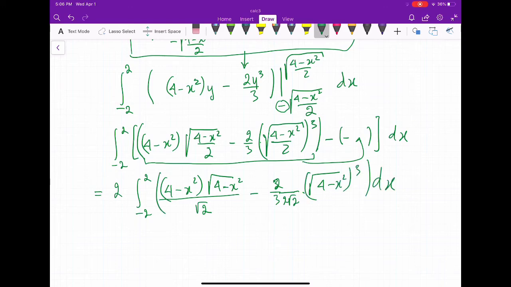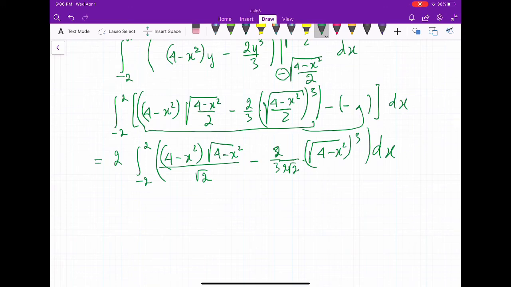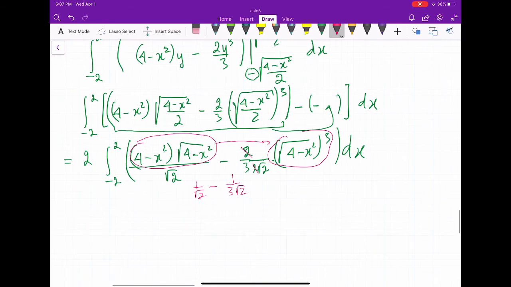We might simplify something in here. 2 with 2 will be cancelled out, right? So you have square root of 2. So basically the coefficient right here is 1 over square root of 2 minus 1/3 over square root of 2. So basically that is what? That is 3 square root of 2 here, and then you have 2 square root of 2. So you get 2/3.